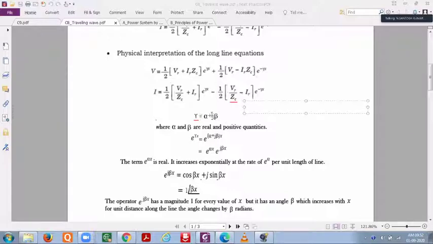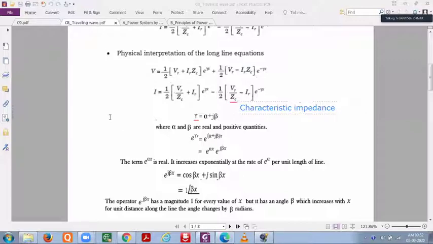Zc is the characteristic impedance. Very good. What about this gamma? Propagation constant.